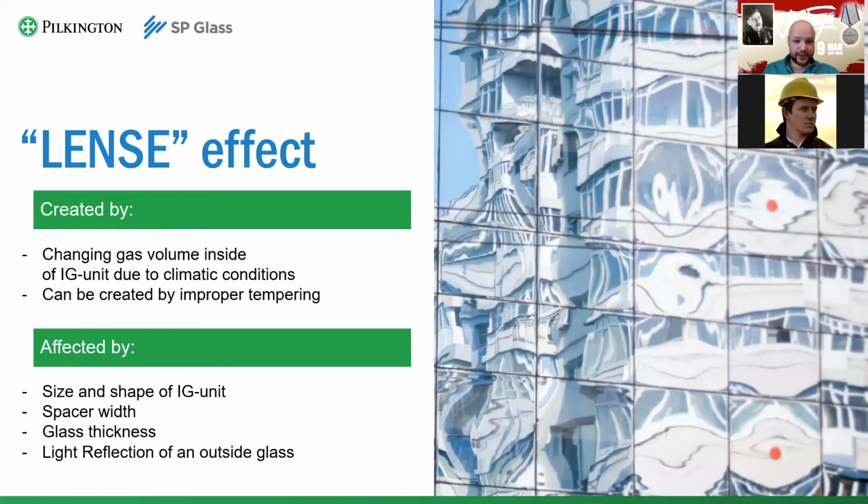The question is, how can wind load affect this thing? Usually not by a lot. If you have a slight wind, just a normal breeze that you're usually not even noticing, it will not affect the glass very much.